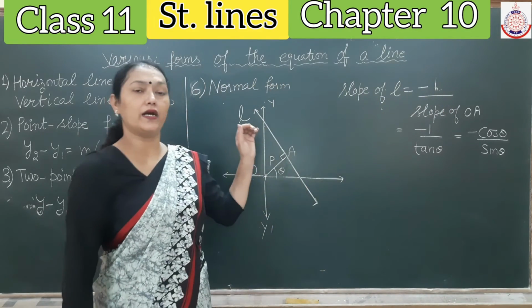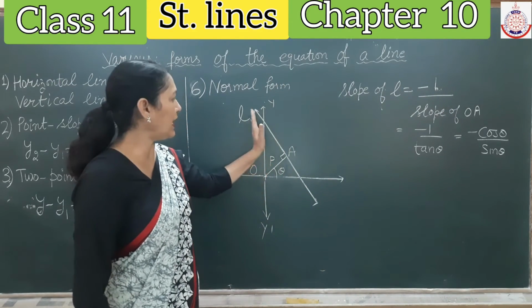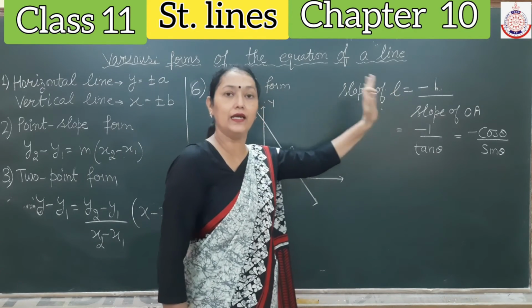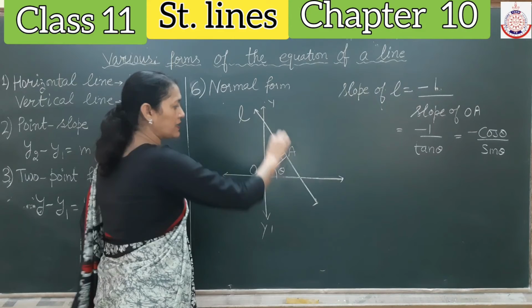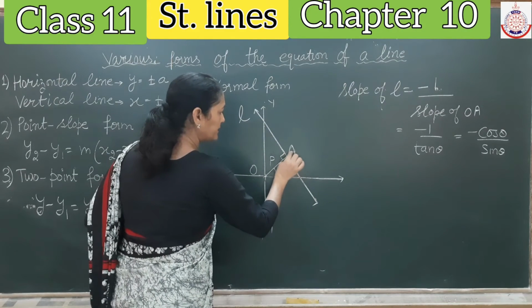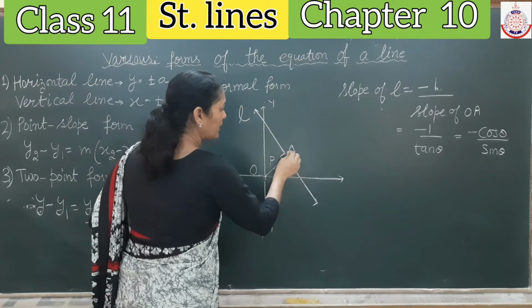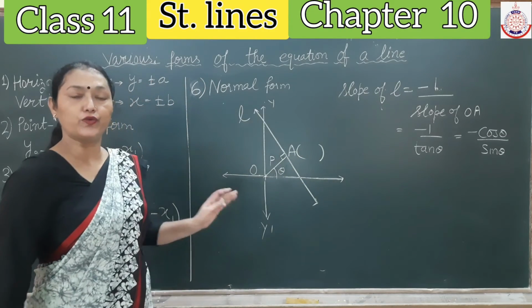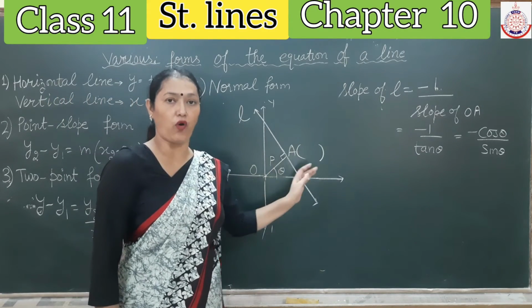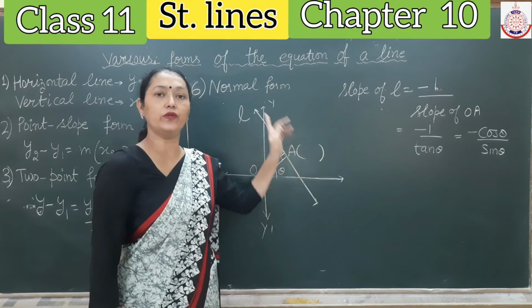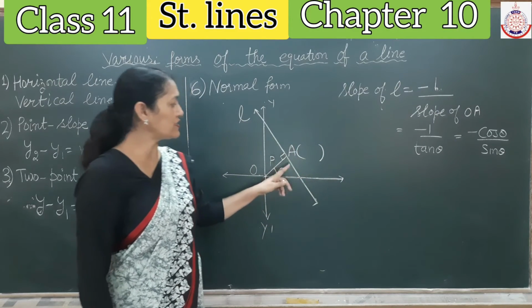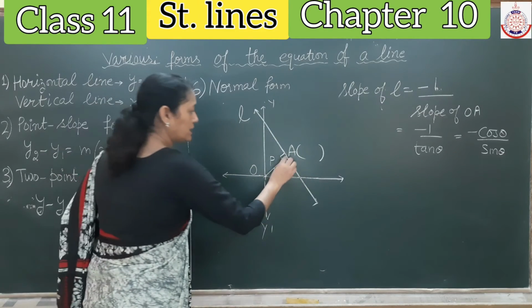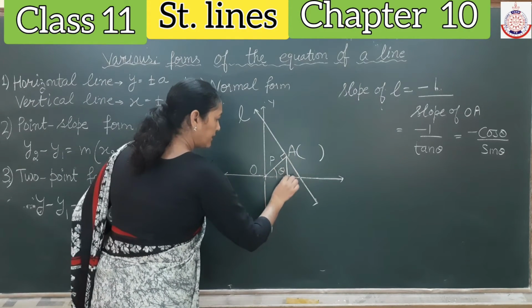So for line L we have the slope, and this line is passing through the point A. If we calculate the coordinates of this point A, using point slope form we'll be able to write down the normal form. So let us find out the coordinates of this point. Suppose we draw one perpendicular here.